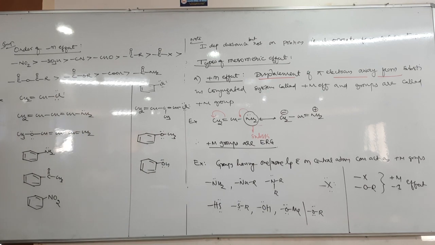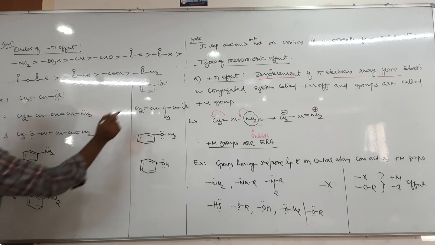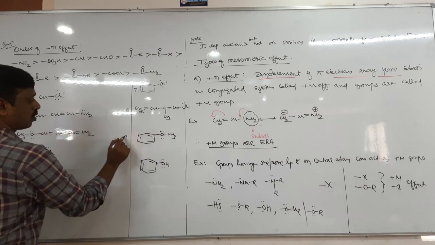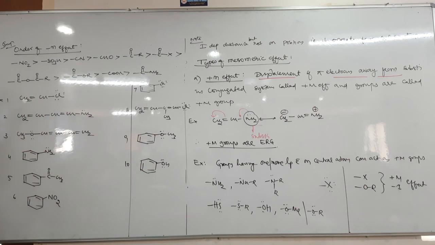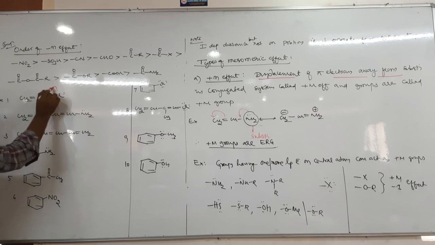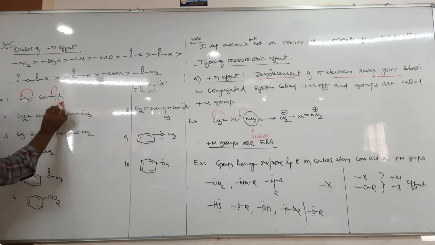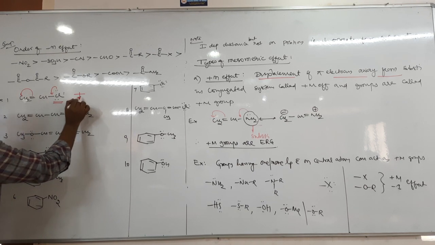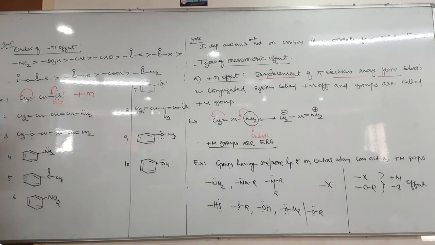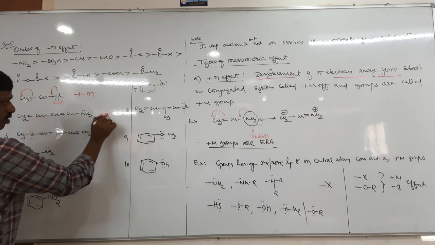So there are ten of them. The first one is a plus M effect. This is a substituent, it is plus M effect. Next, plus M effect because there is a lone pair.